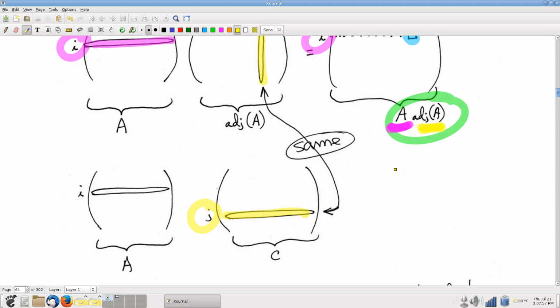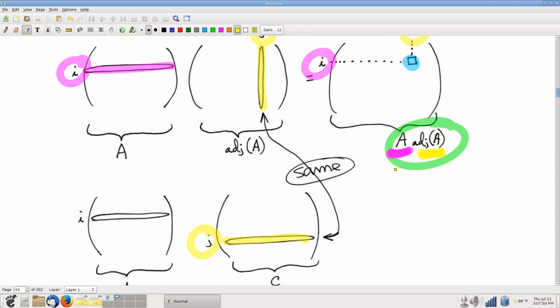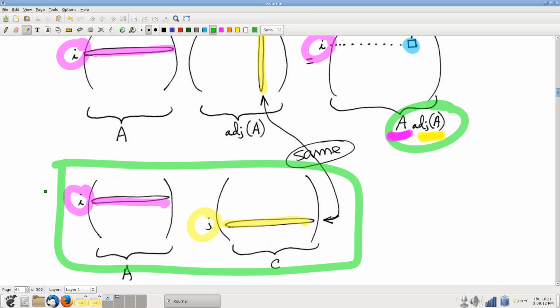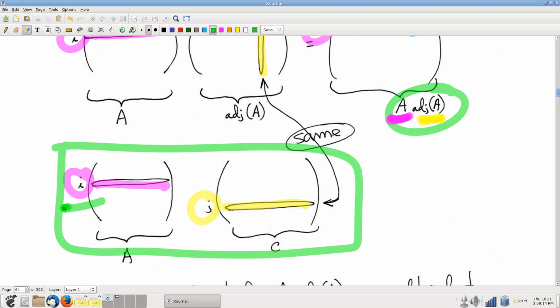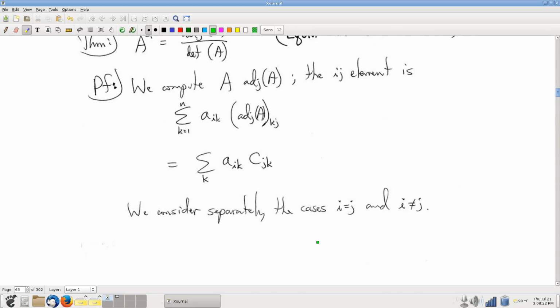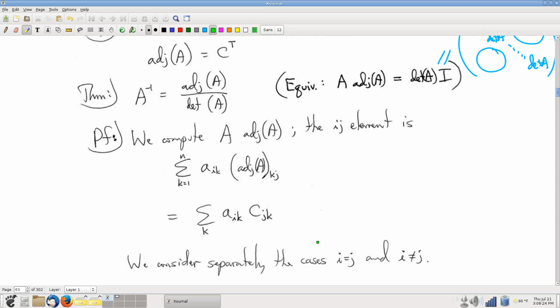All right, and so instead of thinking of it as row dot column, as I did here, we can think of it as a row dot row here. The ith row of A dot the jth row of C. Okay, this is just a visual representation of what we did algebraically right here.